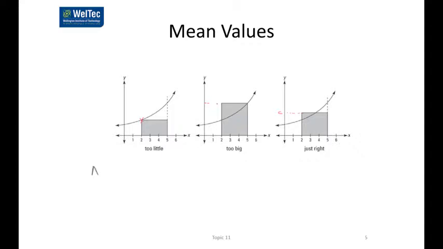The area is the integral between a and b of the function like that. Now we know that. Now if we're looking at the third diagram here, the height of the rectangle is going to be whatever value f of c is, times the distance between, we'll just call it a and b, like that.